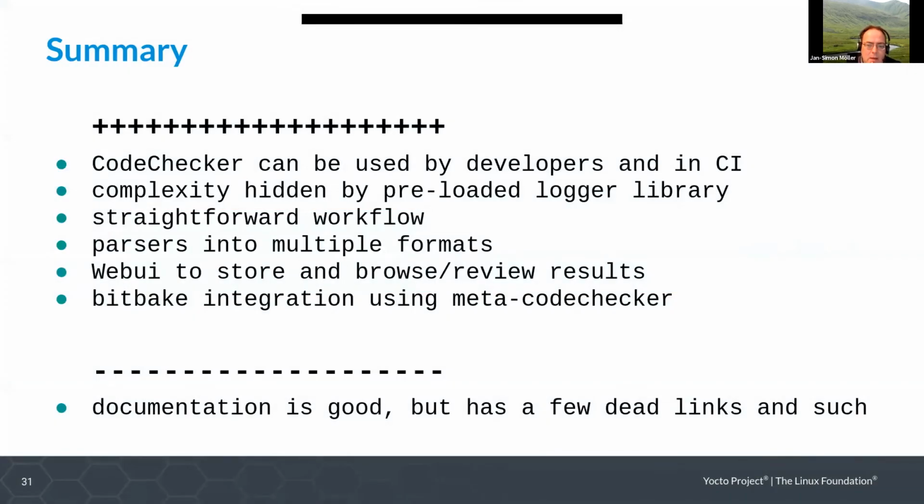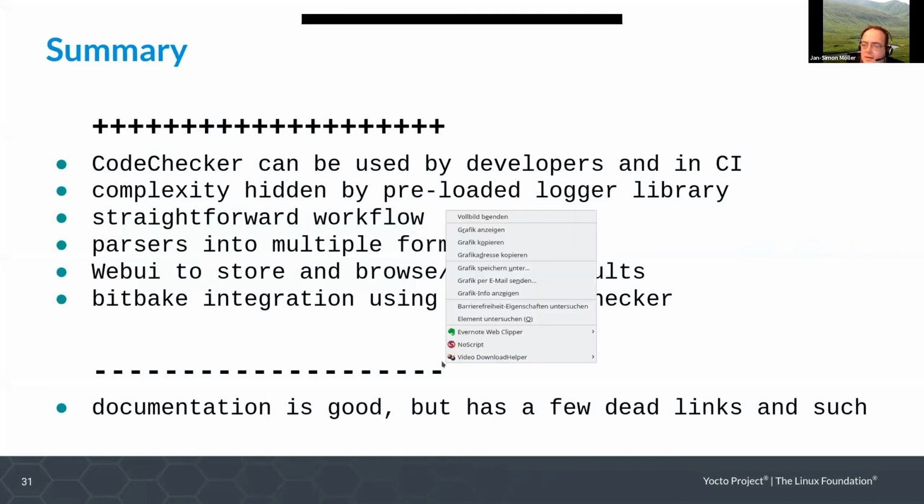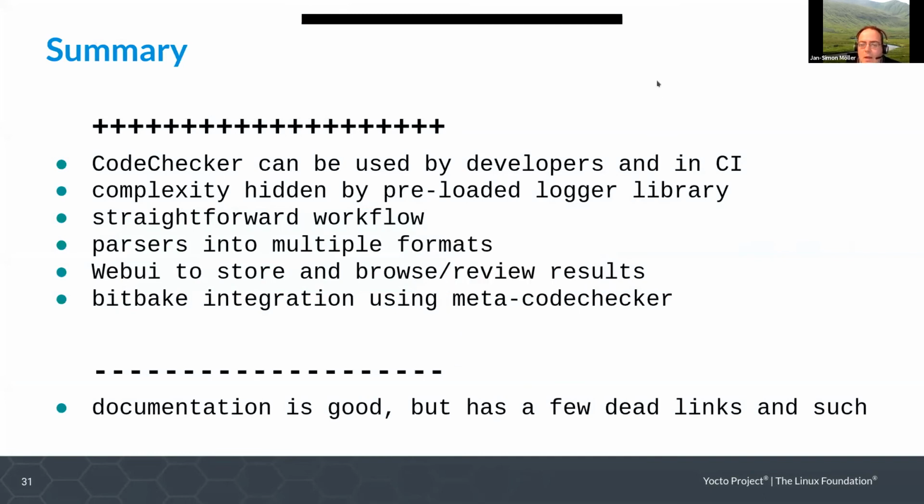As a summary, CodeChecker can be used easily by developers and in CI. The complexity is hidden by the preloaded logger. The workflow is actually pretty straightforward, and you can parse the output into multiple formats.